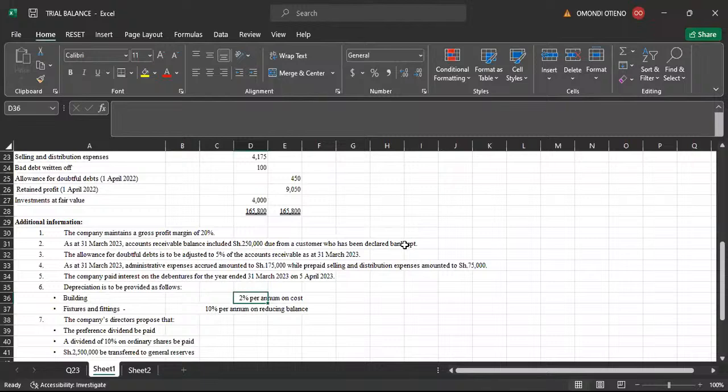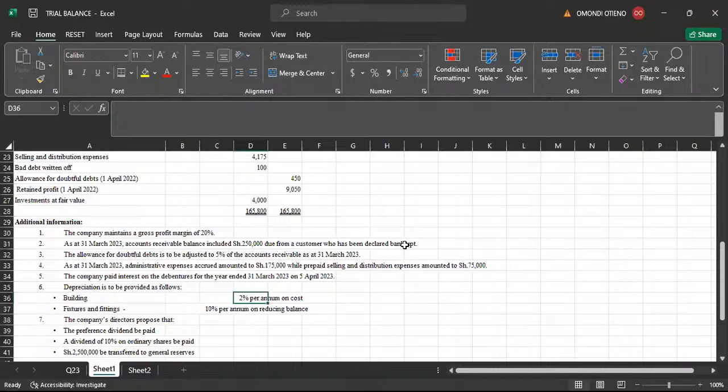So the accounts receivable is going to be reduced because it includes a given amount for a customer who is not going to pay. So the bad debts written off is going to increase by 250,000. It is going to reduce our accounts receivable.